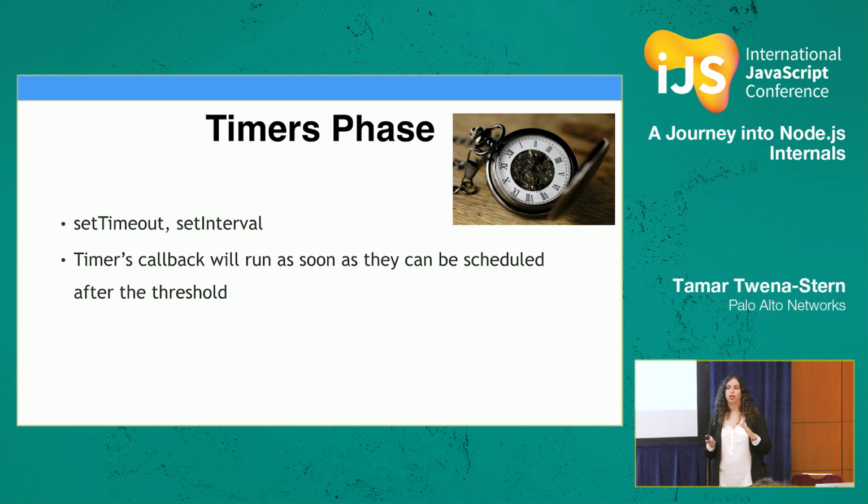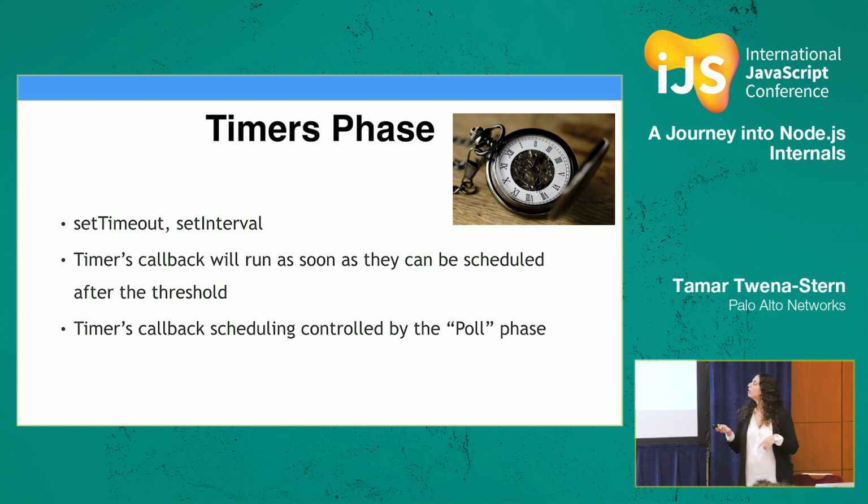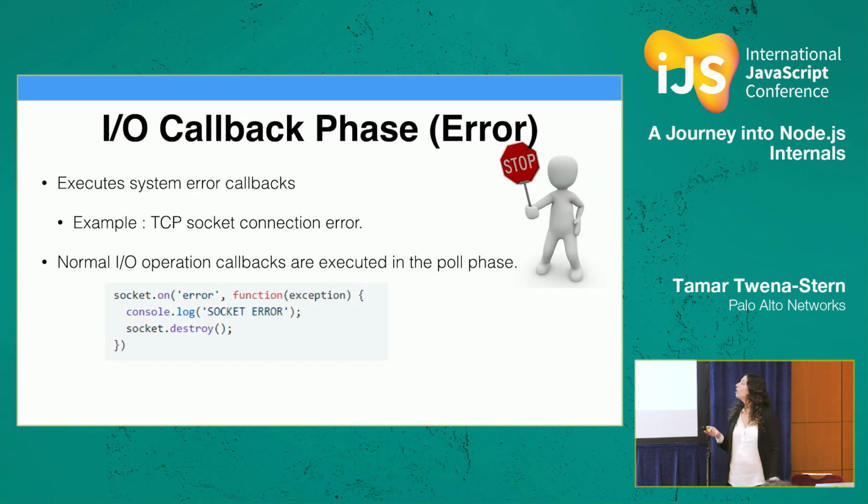It's just executing all the already scheduled callbacks. The phase which is actually scheduling is the poll phase. That phase is doing the scheduling and deciding what will be executed when.